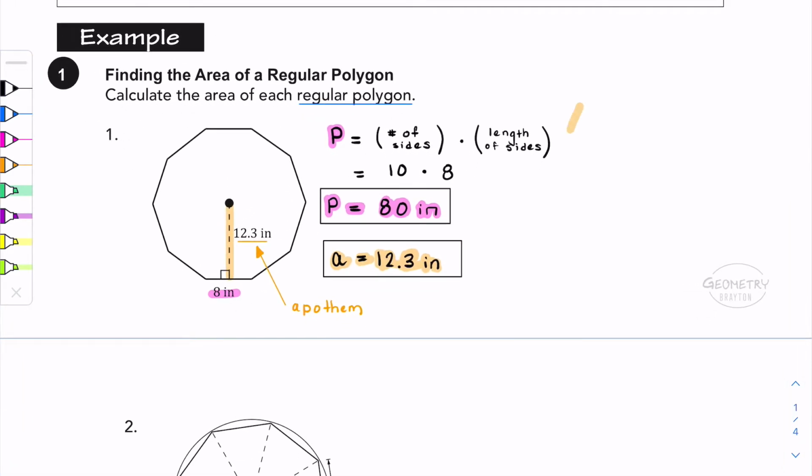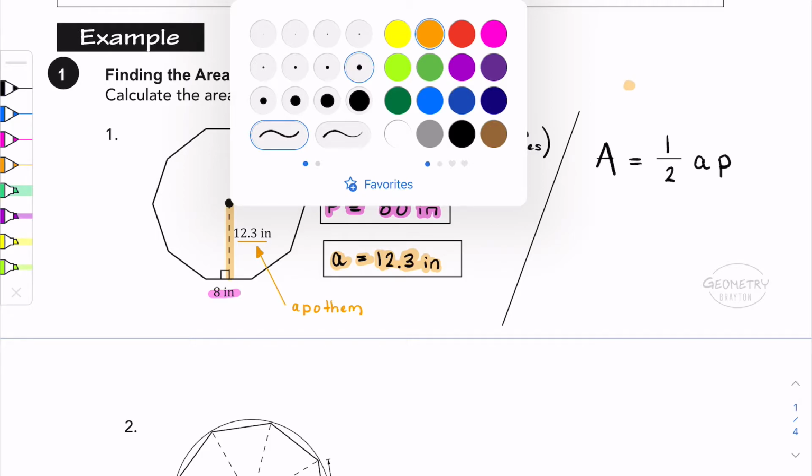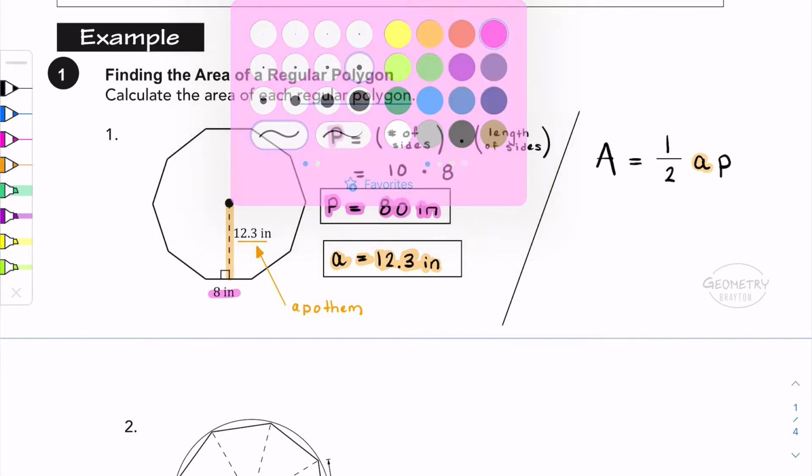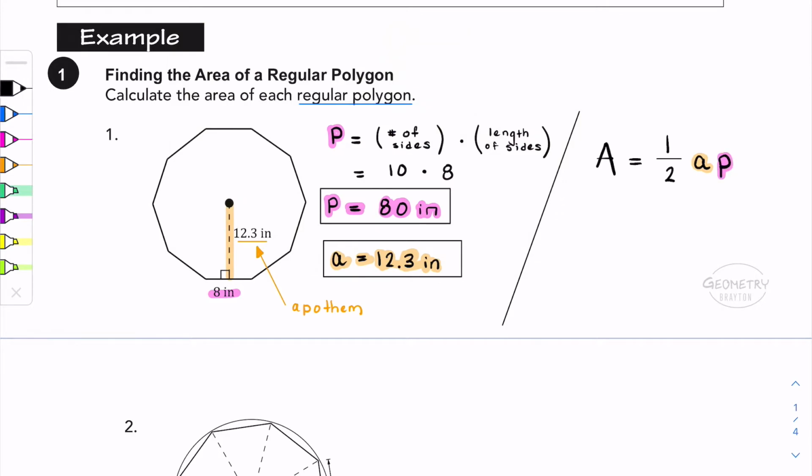Now that I have my information, I have the perimeter, I have the apothem length, I can use the area formula, which states that the area is equal to 1/2 multiplied by the apothem length times the perimeter length. The apothem length and the perimeter we already determined.